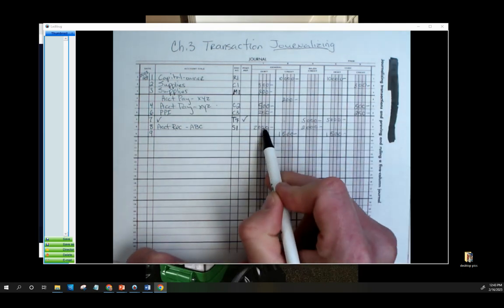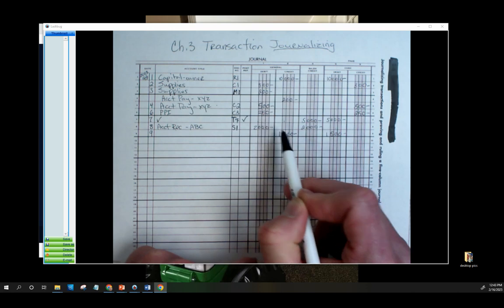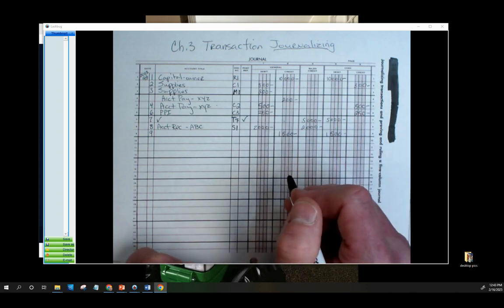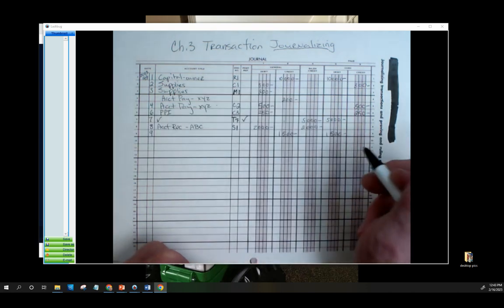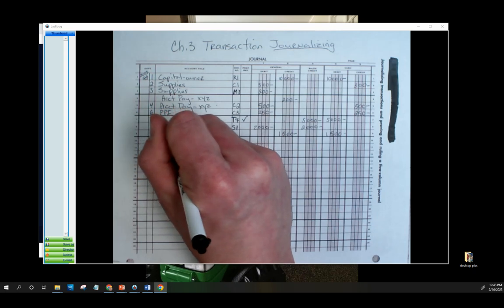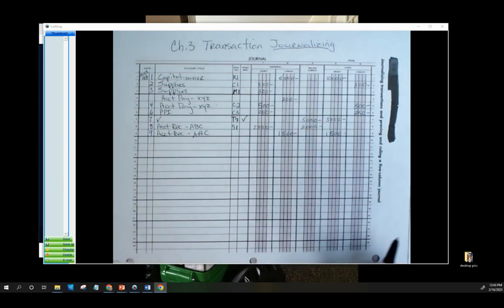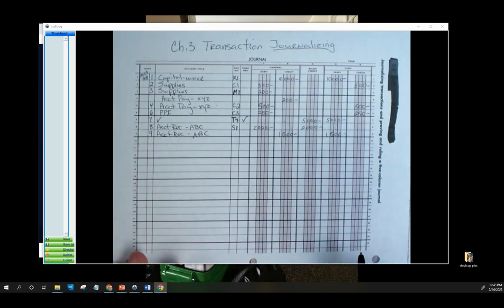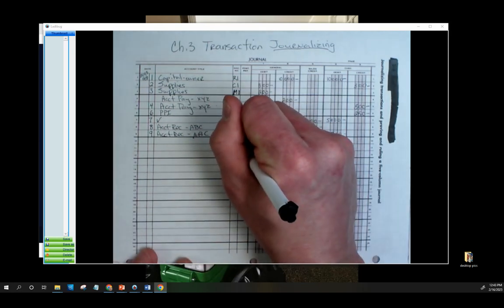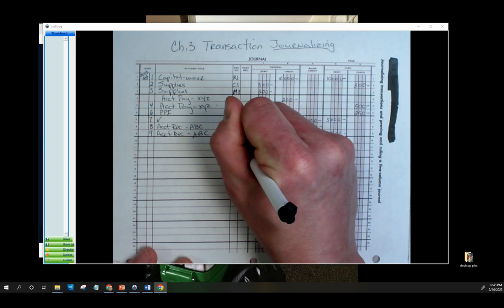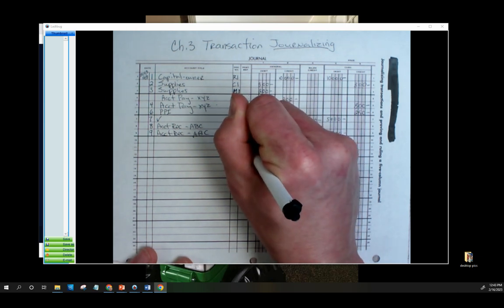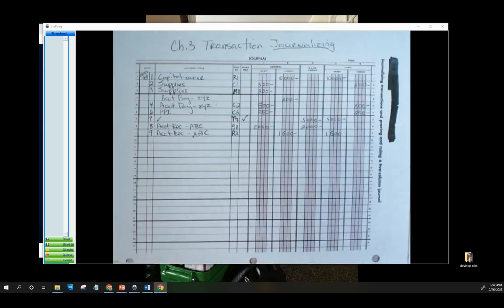They owed us $2,000. They paid $1,500. The difference is $500. They still owe us. And this is accounts receivable, ABC Business. And for this one, it would be a receipt. We're receiving cash on account. It is actually receiving it for something other than a sale. All right, receiving cash on account.